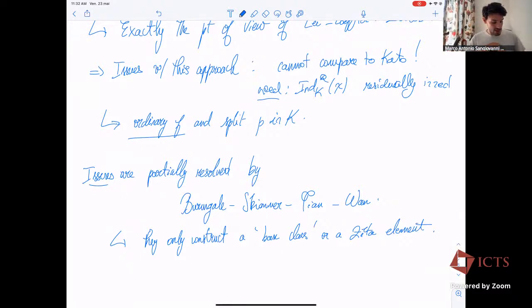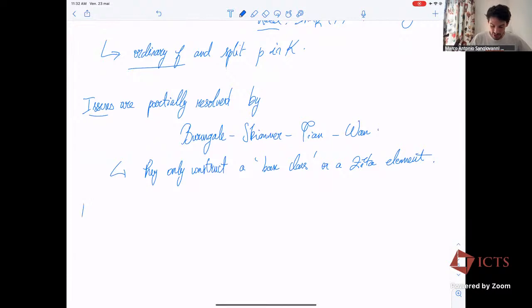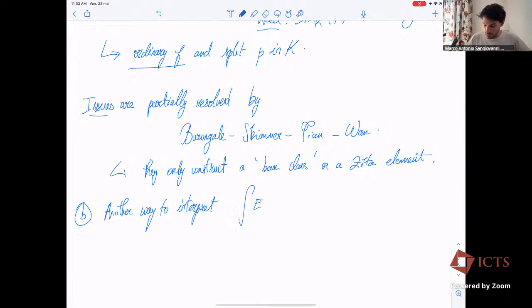Okay, so now you would have guessed it, there is a second way in which to interpret this integral. So another way: E, theta chi, f.